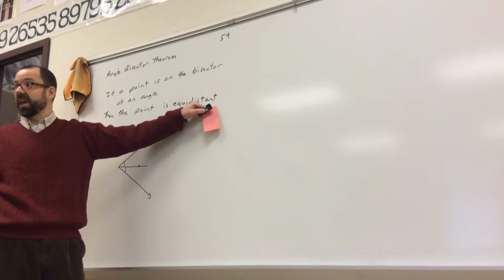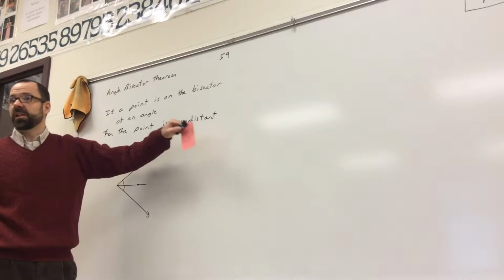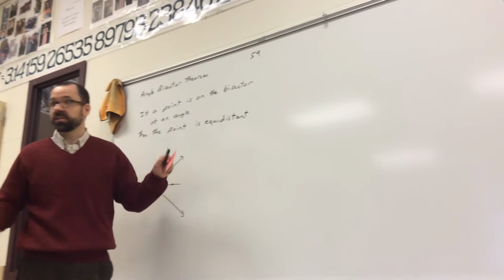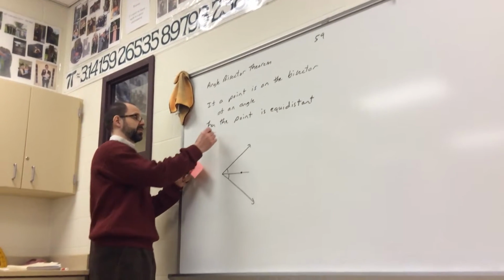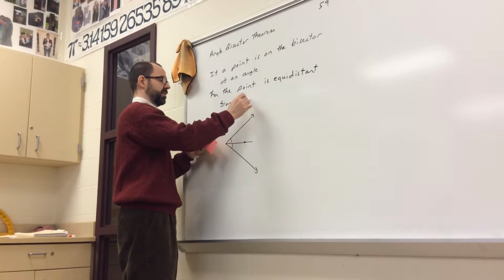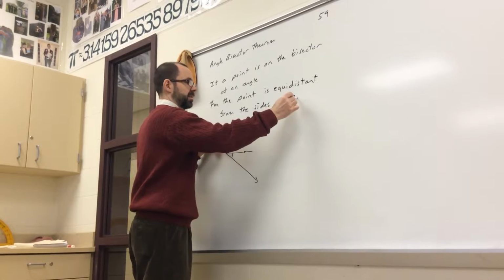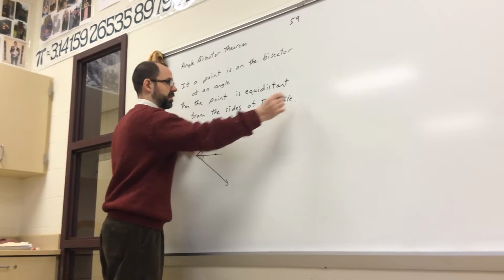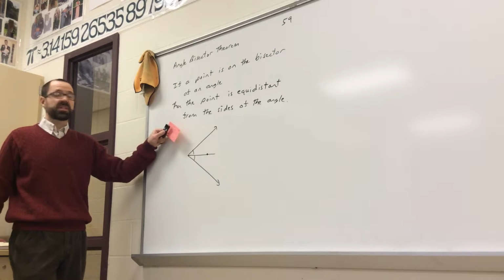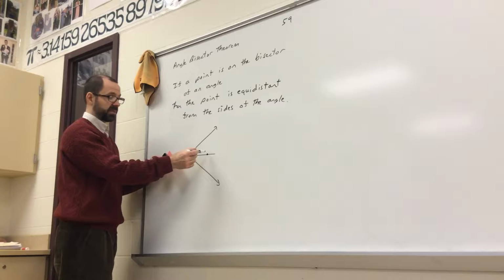And distance means distance. So this is same distance. Equidistant, just a fancy way of saying it's the same distance. So it's equidistant from the sides of the angle. So if a point is on the bisector of an angle, it's going to be the same distance from the sides of the angle.